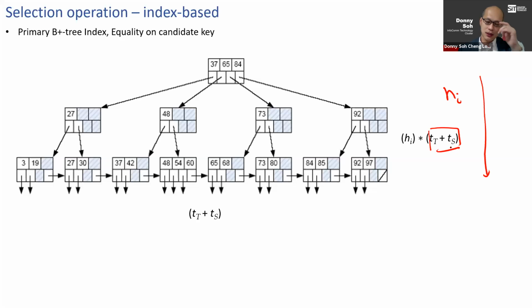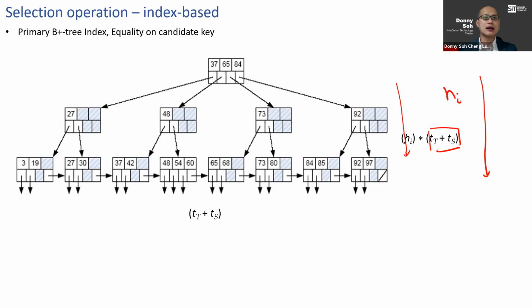But the tree has several levels, and for every level this same cost occurs, so this will be the height multiplied by my disk seek plus my disk access time. So this is the cost for the height of my tree.